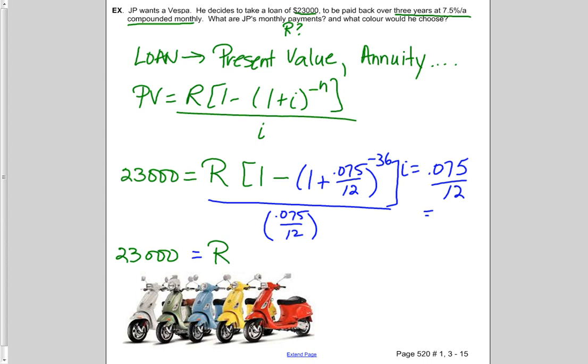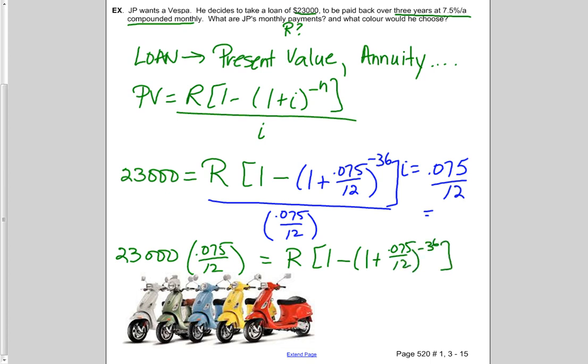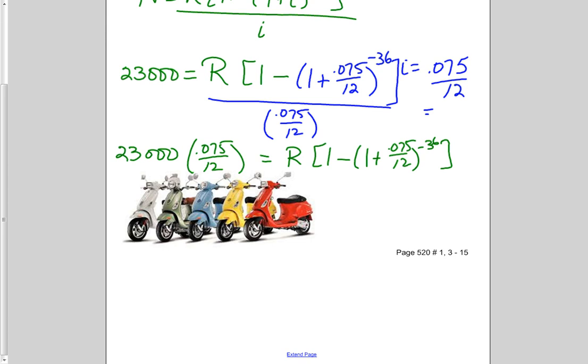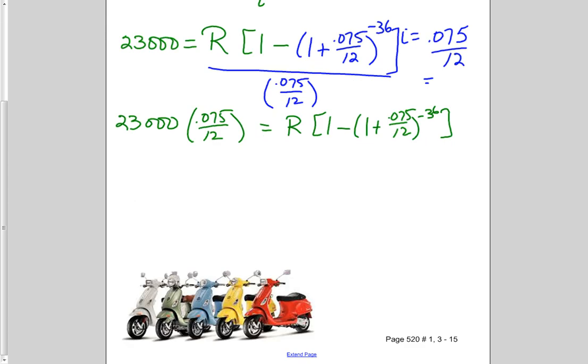I want to get R by itself. First thing that I'm going to do is get rid of that division on the bottom. I'm going to multiply both sides by decimal 0.075 twelfths. And the next thing I'm going to do to get R by itself is to divide both sides by the nasty square brackets.